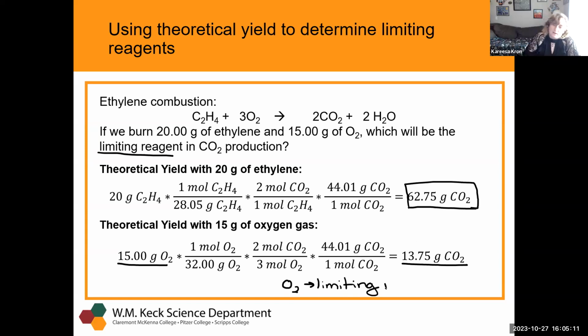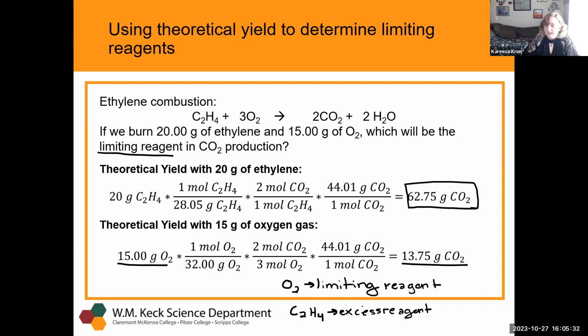And so O2 here is the limiting reagent, and our ethylene is my excess reagent. So I'm going to end up with leftover ethylene in my system. And if I want to get more CO2, I have to find a way to add more oxygen.